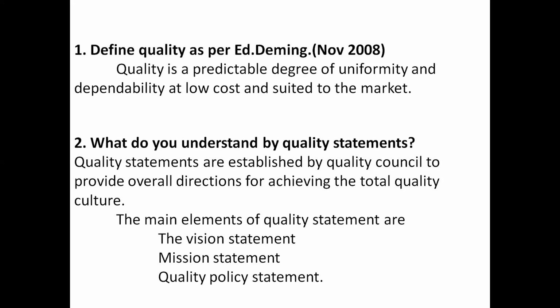The main elements are the vision statement, that means after 10 years or 5 years, what are you going to be; the mission statement, the methods you are going to follow to achieve the vision; then the quality policy statement. These 3 come under the quality statements.